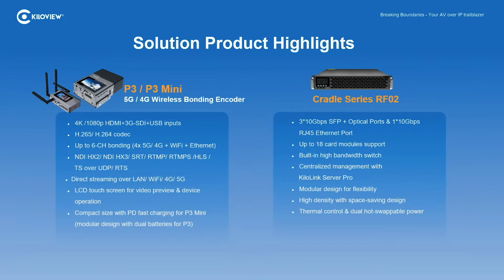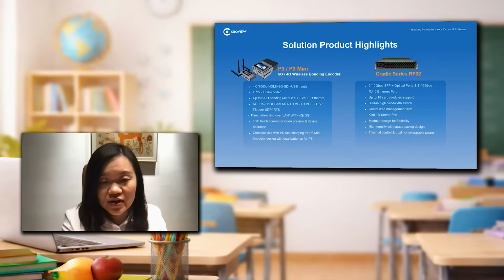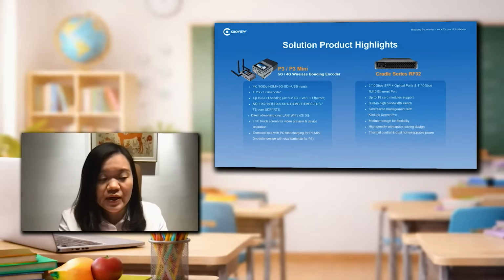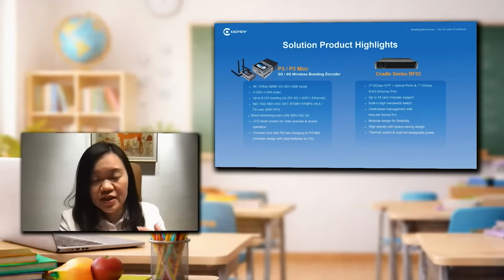If one single network connection is not reliable, then sometimes the streaming will not be good quality. But with the bonding technology, we combine quite a few networks, combining their bandwidth together to make the bandwidth much better and the video transmission more reliable.